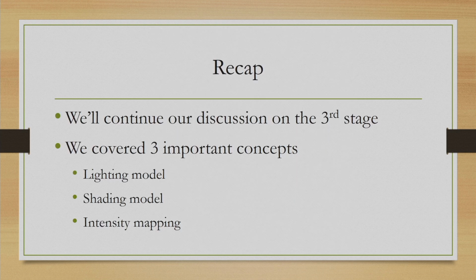We have already covered three topics in this stage, namely lighting, shading and intensity mapping. Today also we will continue our discussion on the activities that we perform in the third stage of the pipeline.